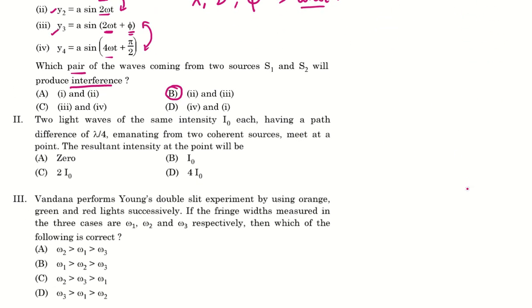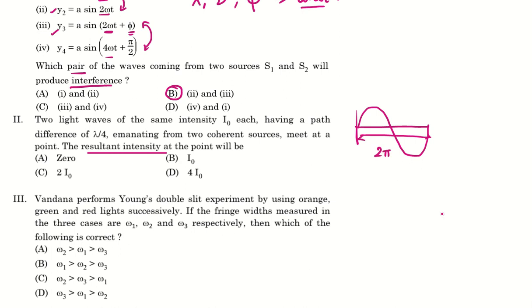Two light waves of the same intensity I naught each, having a path length difference of lambda by 4, emanating from two coherent sources, meet at a point. We have to find the resultant intensity at the point. For example, if the path length difference is 1 lambda, then the phase difference is 2 pi.